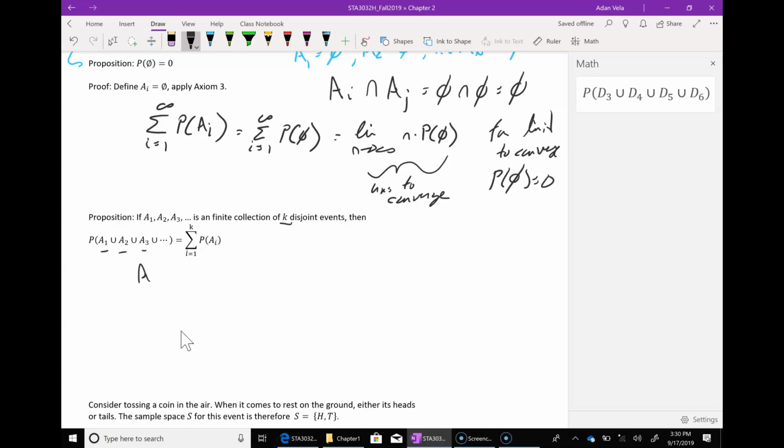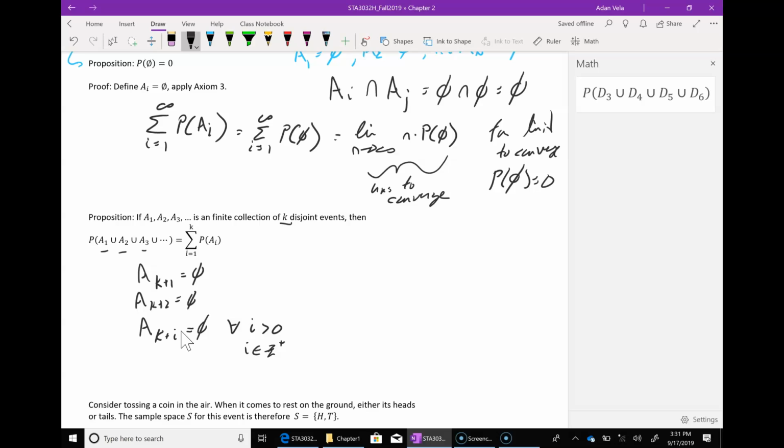But then we define AK plus 1 is equal to phi, AK plus 2 is equal to phi, and in fact, let's say A to the K plus I is equal to phi for all I greater than 0. I is just some positive integer. So in that case, we can now apply axiom 3.